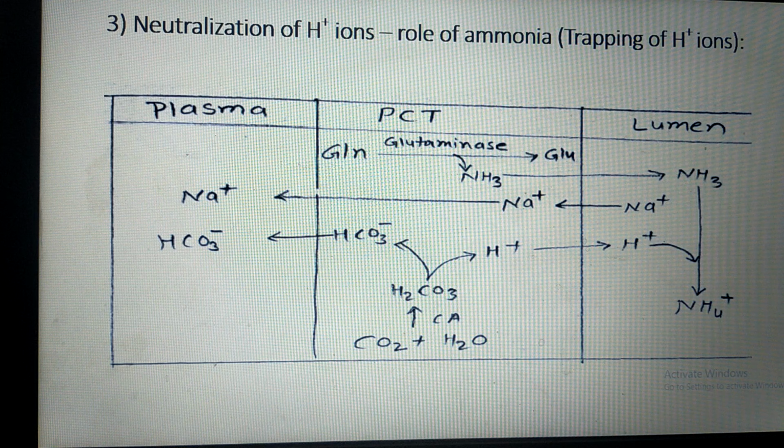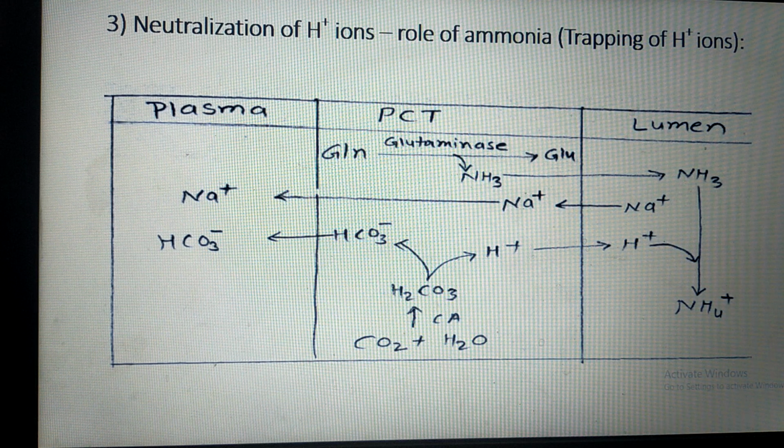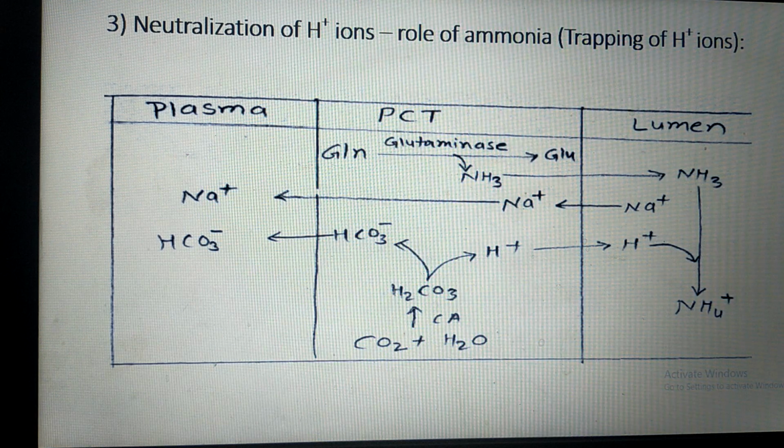Now what extra thing is shown in this slide is, in the PCT the enzyme glutaminase is present. This enzyme glutaminase acts on glutamine. Glutamine is an amino acid, all of us know. GLN represents glutamine here. So this acts on glutamine, removes the ammonia from that glutamine and converts that glutamine into glutamic acid, which is also another amino acid. Now this ammonia then diffuses into the lumen, and in the lumen H plus ions are already excreted in the first mechanism.